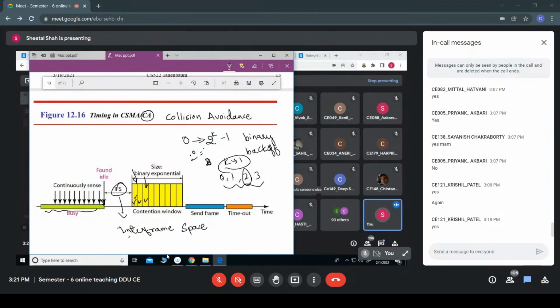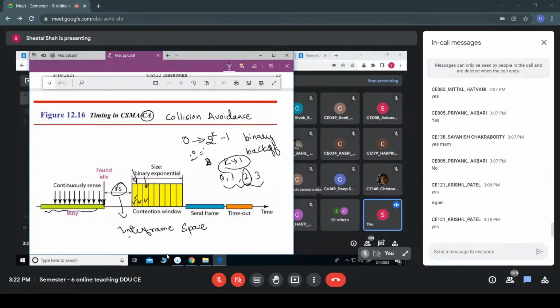If the number of slots is larger, the possibility of collision is less, because various random numbers are possible, stations choose different random numbers, and hence more stations would not start transmitting in the same slot. There is a lower probability of more than one station choosing the same number.